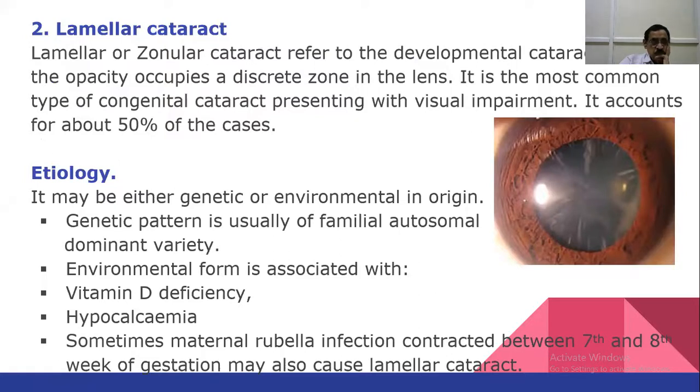If this cataract occurs by genetic pattern, it is usually familial autosomal dominant. The environmental form is associated with vitamin D deficiency. We all know that vitamin D deficiency may lead to hypocalcemia, so it is also included. Sometimes maternal rubella infection, which is contracted between the 7th and 8th week of gestation, may also cause lamellar cataract.